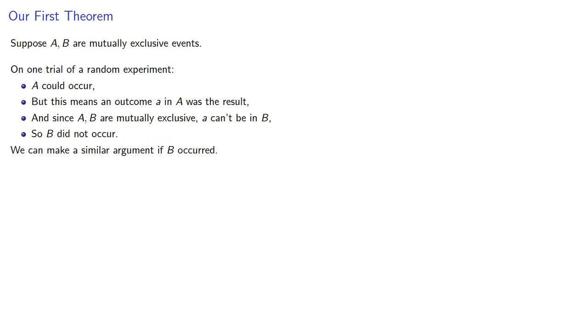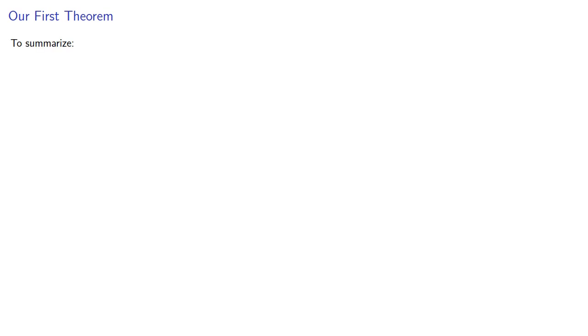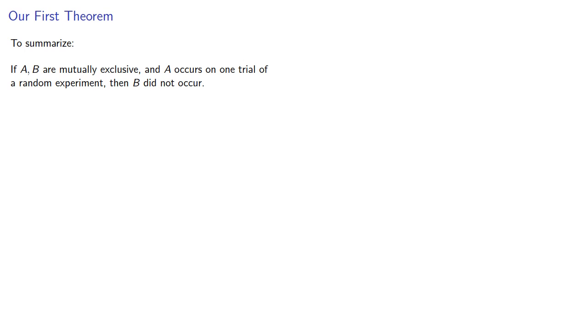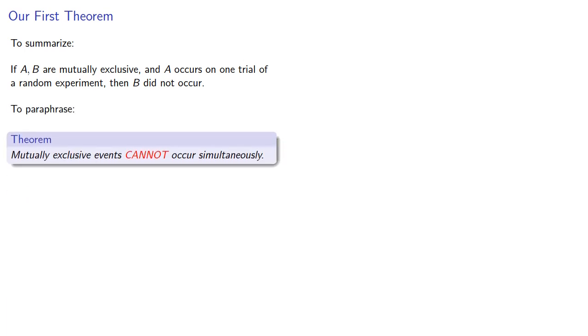And we could make a similar argument if B occurred. And to summarize, if A and B are mutually exclusive and A occurs on one trial of a random experiment, then B did not occur. Or to paraphrase this as a theorem, mutually exclusive events cannot occur simultaneously.